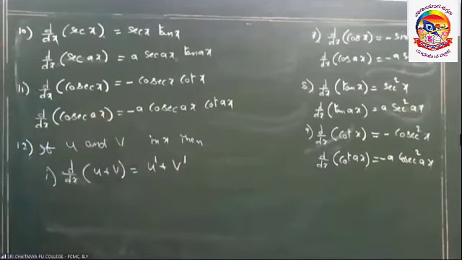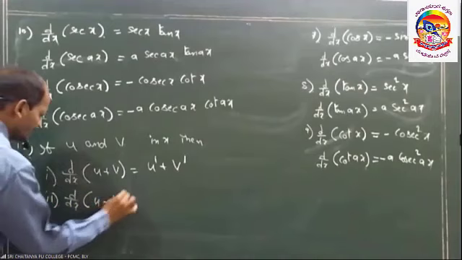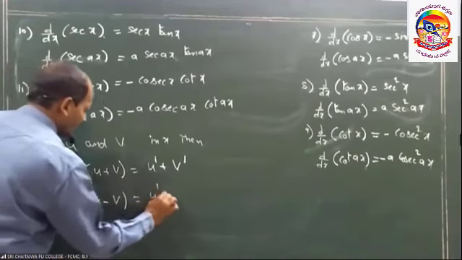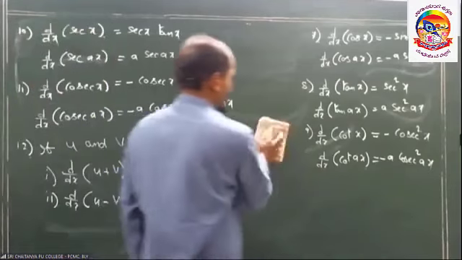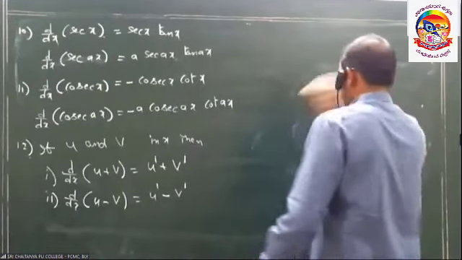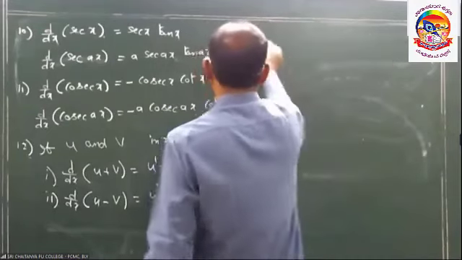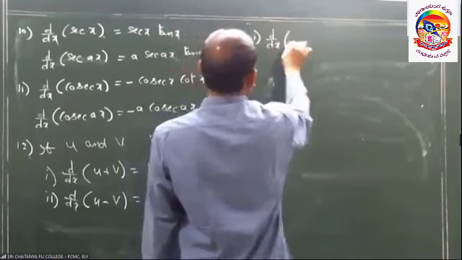Dash means derivative. Second one, derivative of u minus v is the derivative of u minus derivative of v. Third one, derivative of uv.